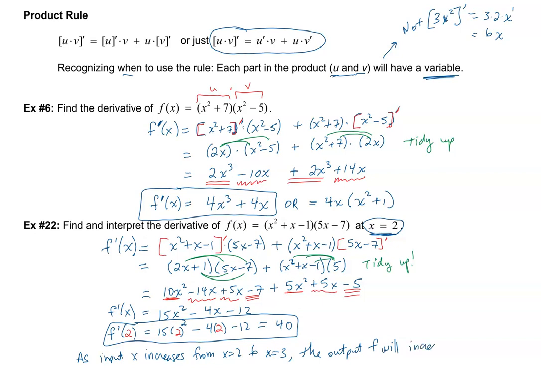So it will increase by approximately 40. And that would be the interpretation.